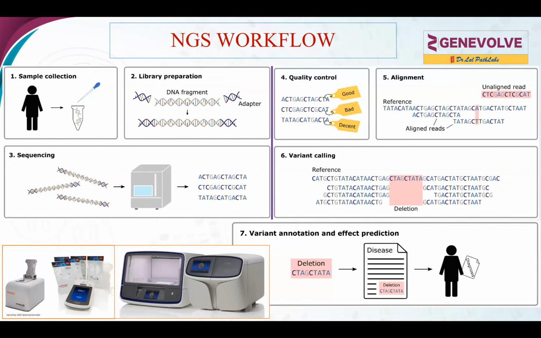This is the NGS workflow. Once the sample is collected, we extract the DNA, we extract the nucleic acid. When we are extracting the nucleic acid, we have to look at the quality of the nucleic acid that we've extracted. Is it good? Is it bad? For which we use the spectrophotometer as well as the fluorometry.